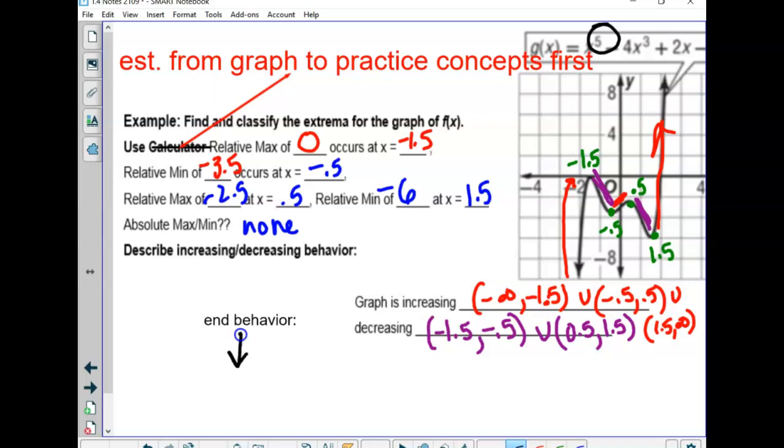I would like you to describe the end behavior. We need to practice this. We haven't done this on a quiz or test yet. Go ahead. If g of x goes to negative infinity, as x goes to negative infinity, and then g of x goes to positive infinity as x goes to positive infinity.